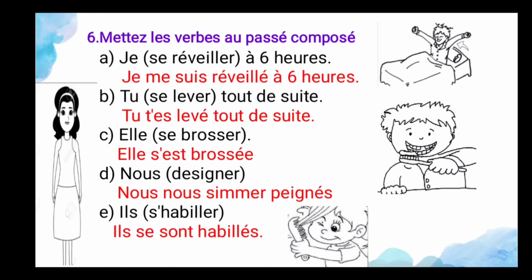Next, fifth one is ils s'habillent. They get dressed. And the answer is ils se sont habillés. They got dressed. So this is all about the pronominal verb, and I'll give an assessment which is based on this second video, and you have to finish it in your French notebook itself.